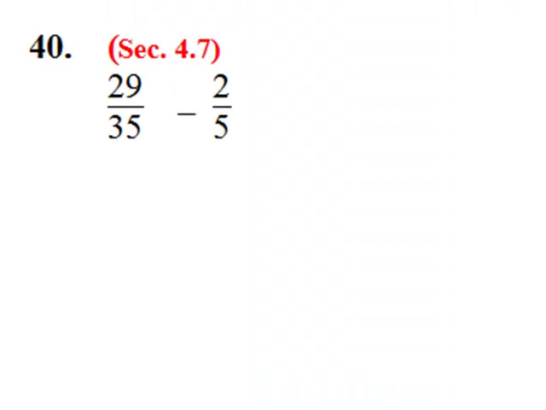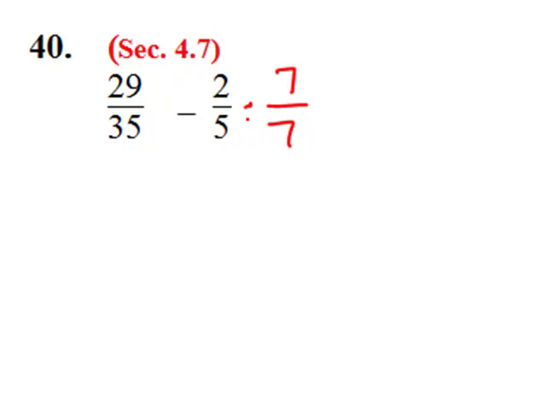Number 40. Here we are subtracting fractions. Unfortunately, they do not already have common denominators. One thing I can see though is that 5 divides evenly into 35. In fact, all we're missing is a factor of 7 from the denominator. Of course, we don't just multiply the denominator by 7, we must multiply the numerator by 7.